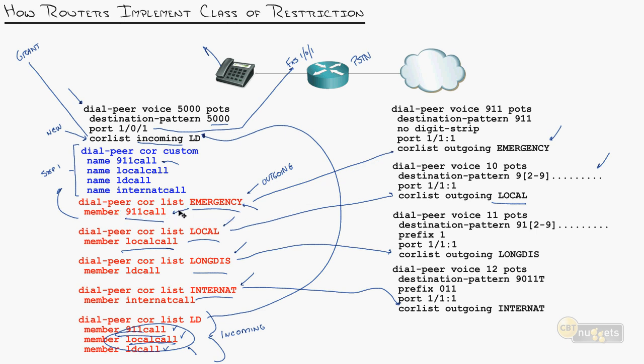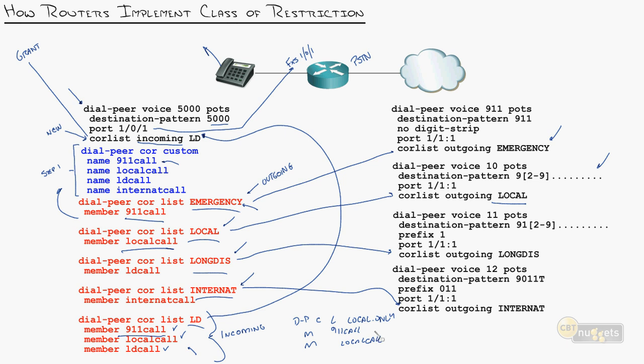Now, what I was saying earlier when I was kind of holding back is I could typically create more core lists. Like this grants long distance access, but I could create a dial peer core list, local only, and maybe under there have the member 911 call and the member local call.